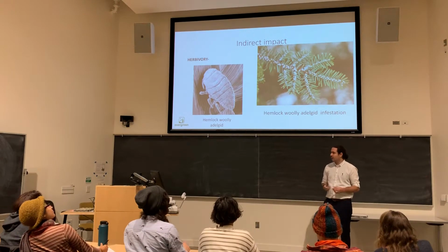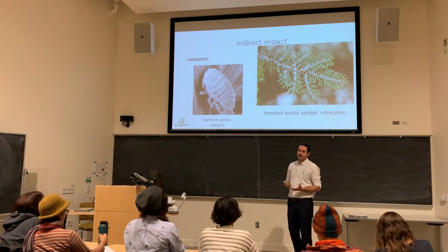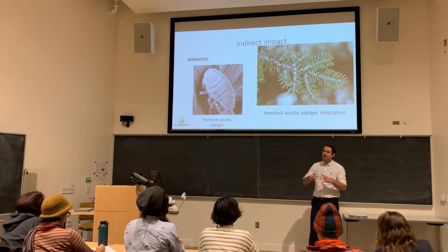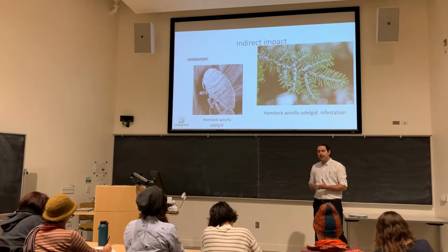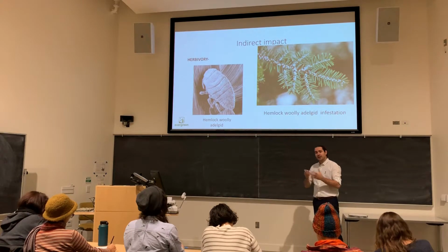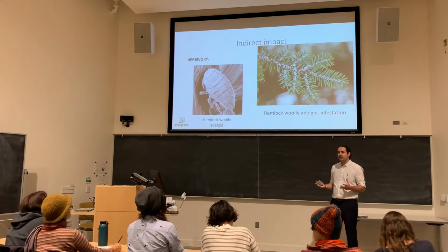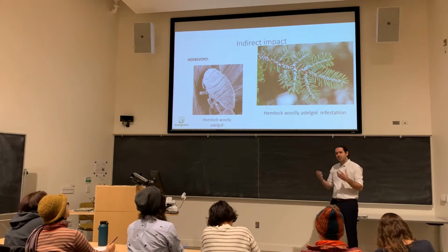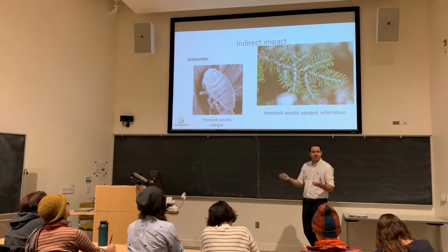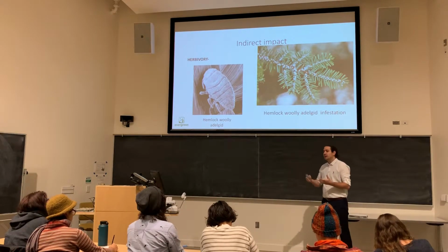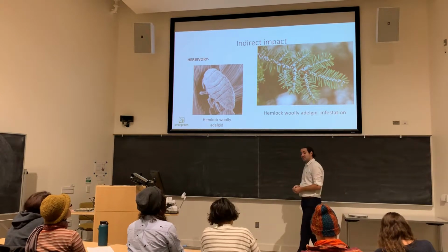Hemlocks actually regulate air and water temperature when they're by the big streams. Hemlocks are a harbor for a lot of organisms, so they form their own habitat, an ecosystem with birds, insects, and so forth, with some invertebrates even being important to aquatic organisms once they fall in the streams.